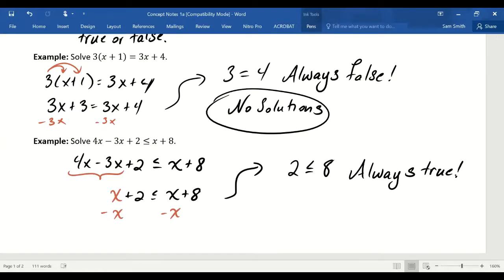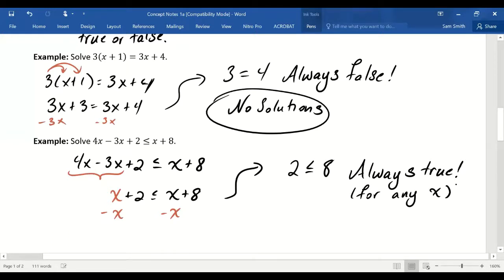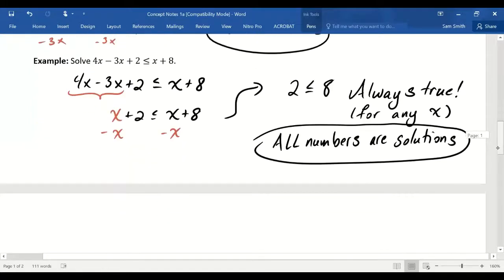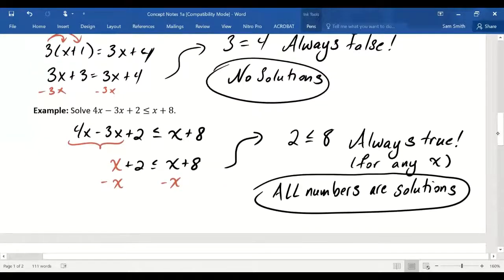Now, because this statement is true for every x, this means that all numbers are solutions, because all numbers are capable of making this inequality a true statement. This statement is always true. So be on the lookout for extreme situations like that.